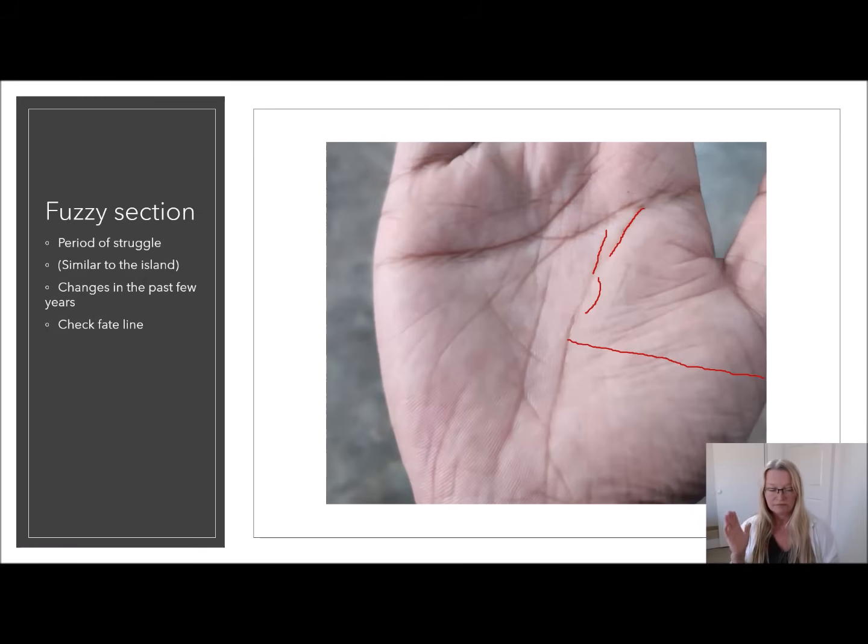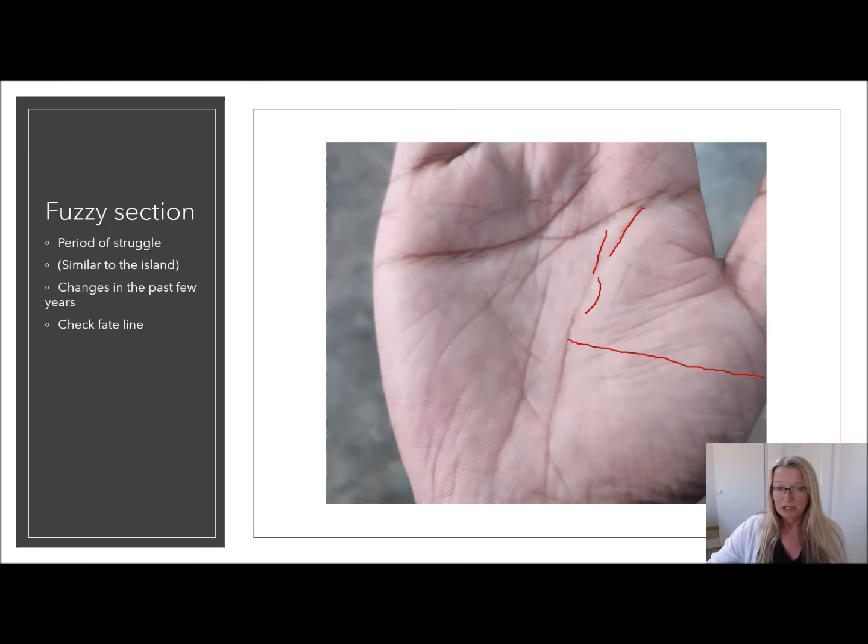Now, I was talking about another person, not this palm in particular. This person did not have any jail time, but this person also went through just a difficult period. Now, to show where to have a look and see that this change is actually happening on the other lines, we look at the fate line.